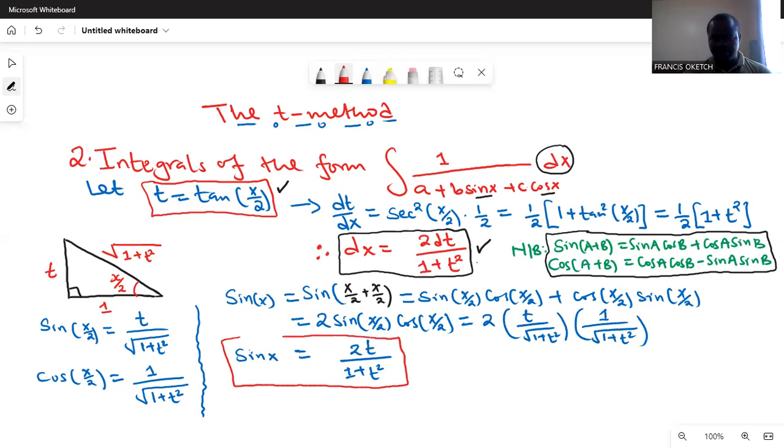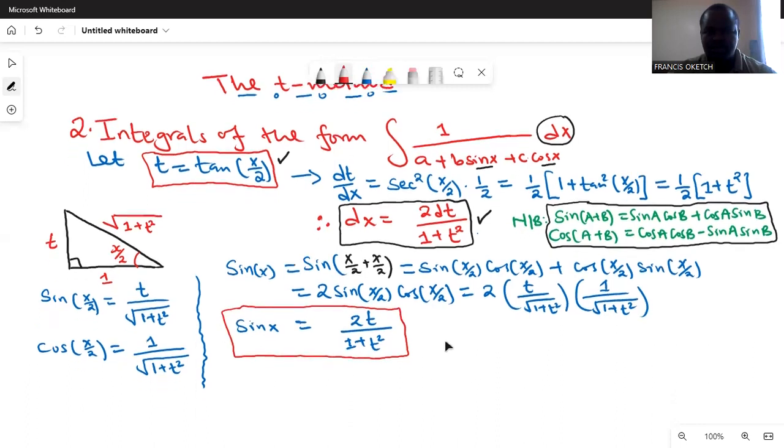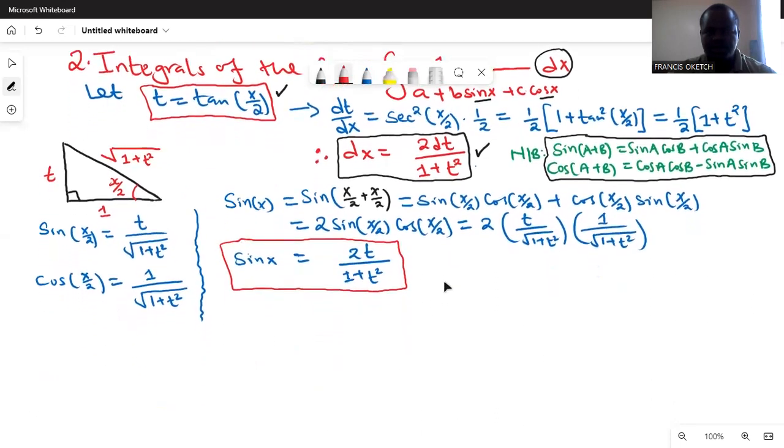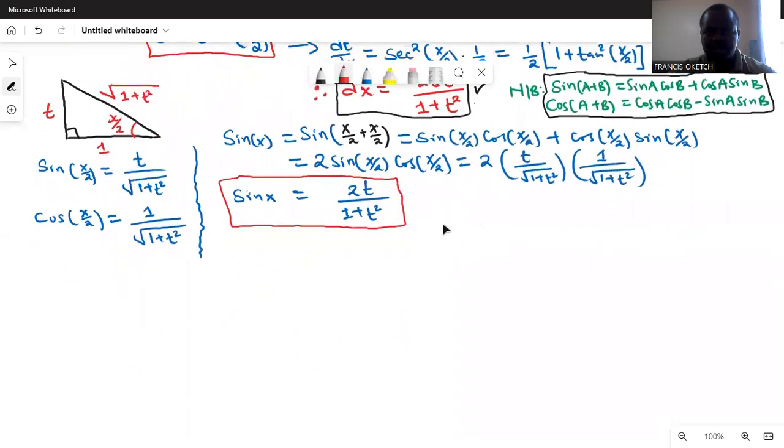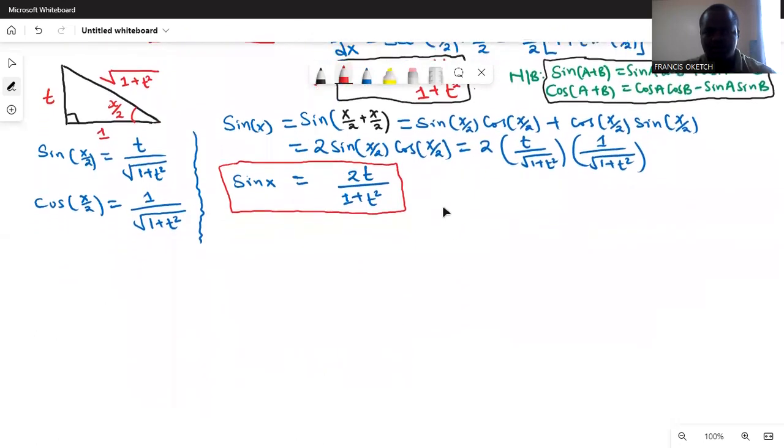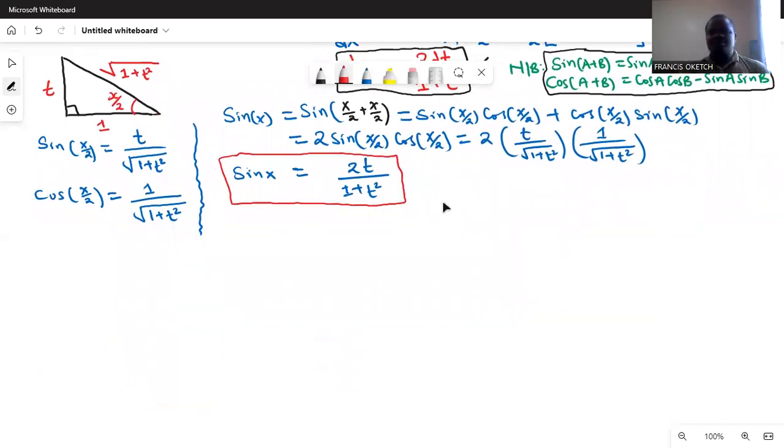So similarly, let us see how to find cos x in terms of t. You want to express cos x in terms of t. So what you do, you break it down into cosine of x over 2 plus another x over 2. We'll write similarly. We need cos x. How can we write this?